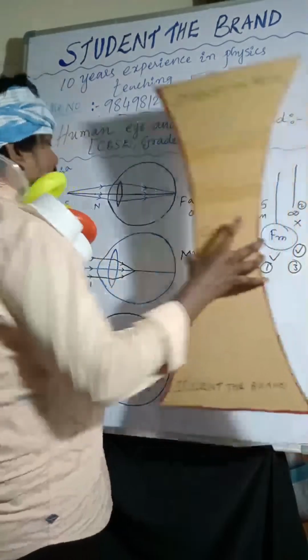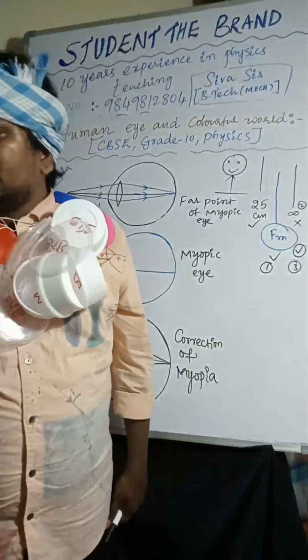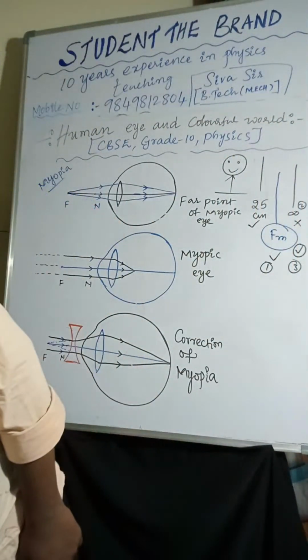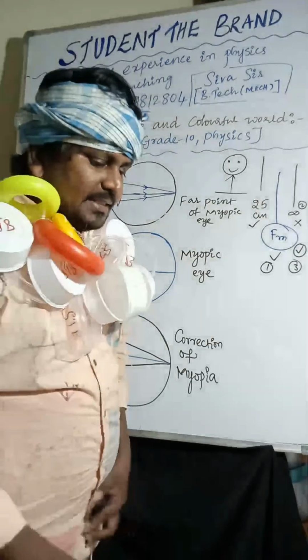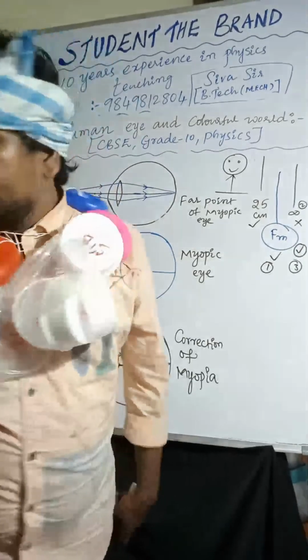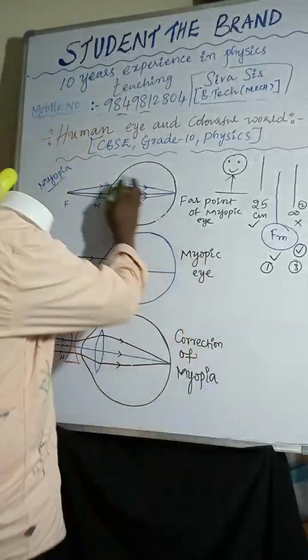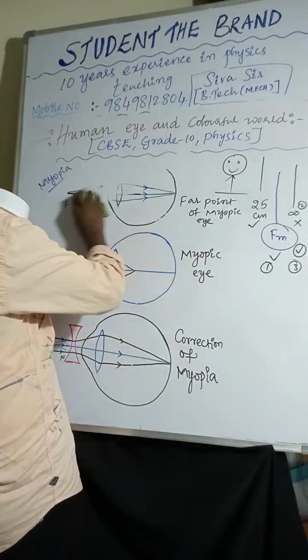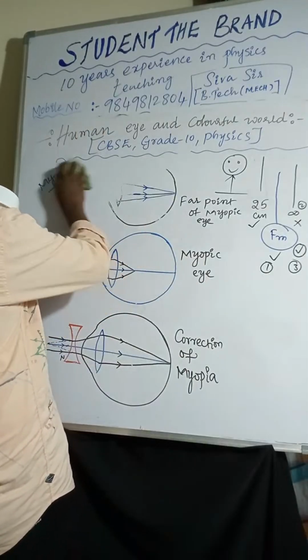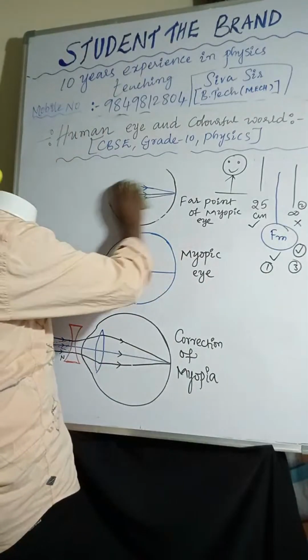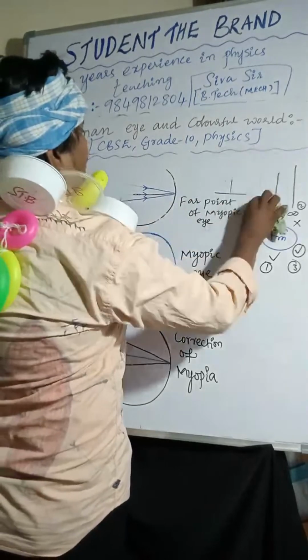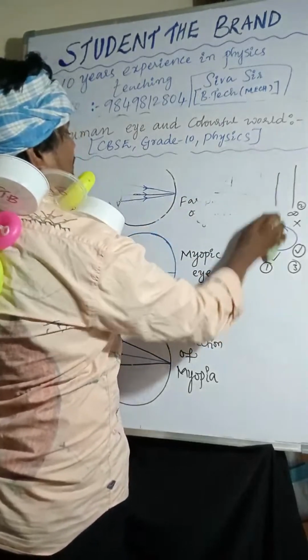You have to draw the diagram. Hypermetropia means we can see far distance, we can't see near distance. For that correction, we are using a convex lens.